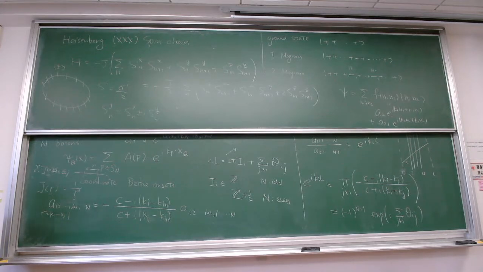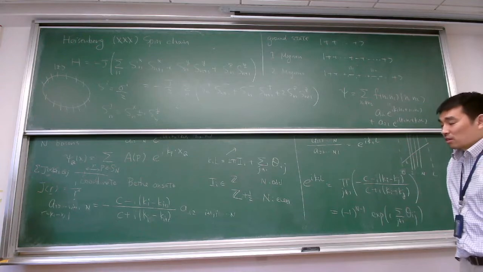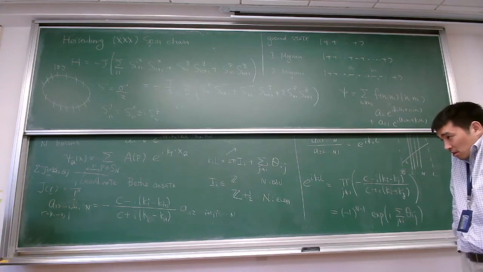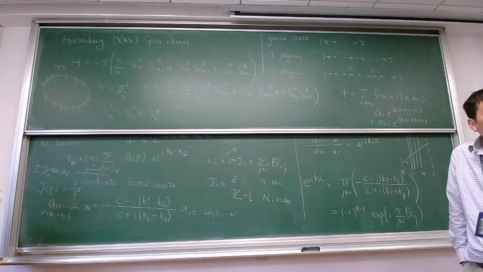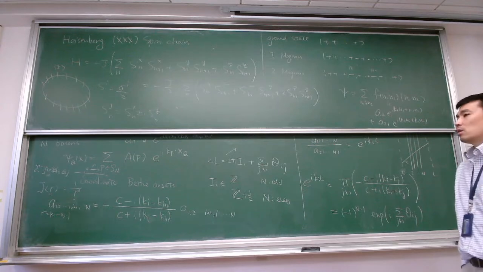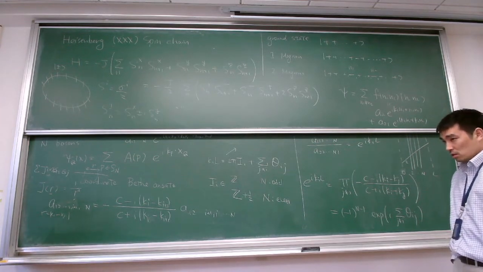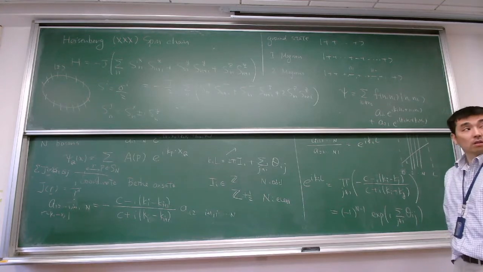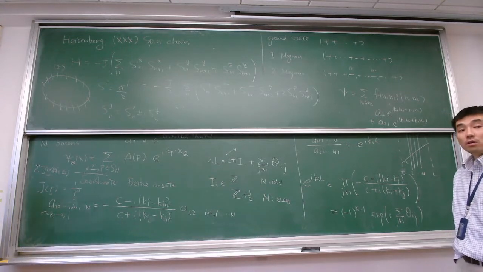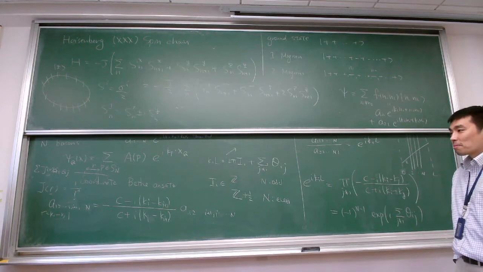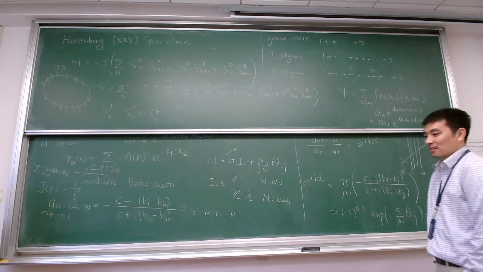I have no idea. We did a project together. I along with Xinyu, we calculated the critical exponents of this model in 2 dimensions. So at the critical point, maybe there is some kind of CFT describing this. I have no idea.